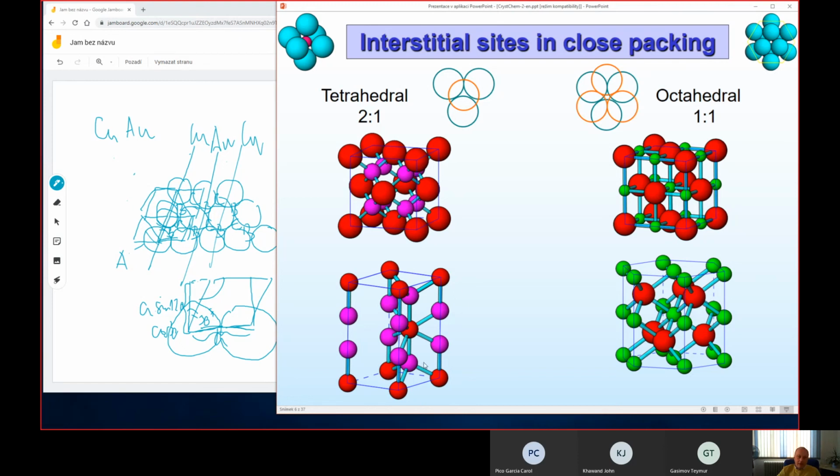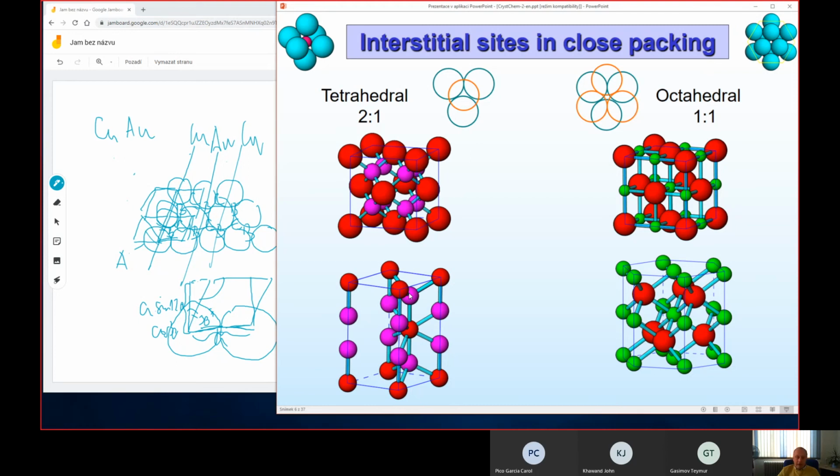Now, for hexagonal close packing, we have again the tetrahedral sites, which are 2 completely inside the unit cell and 8 on the edges, but each atom on the edge contributes 1/4. So 2 atoms on the edges contribute to this unit cell, and 2 atoms are inside the unit cell, which is 4.